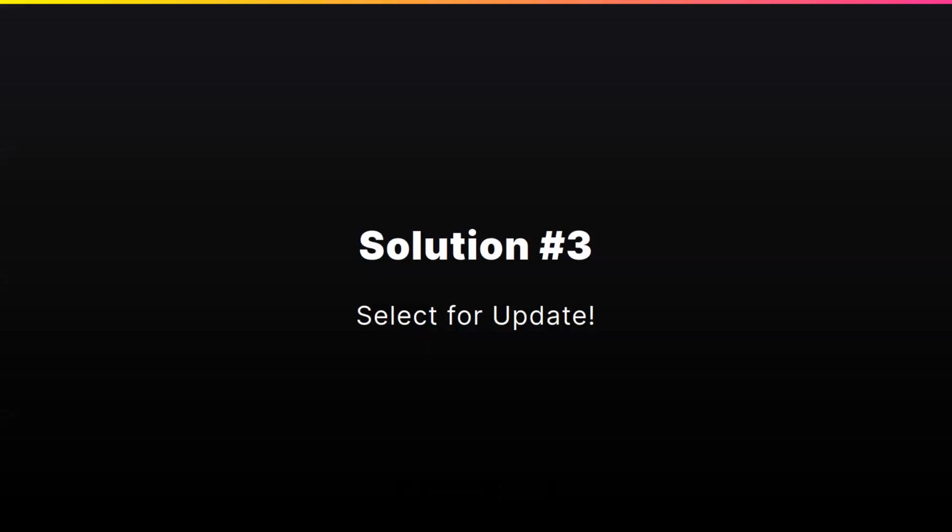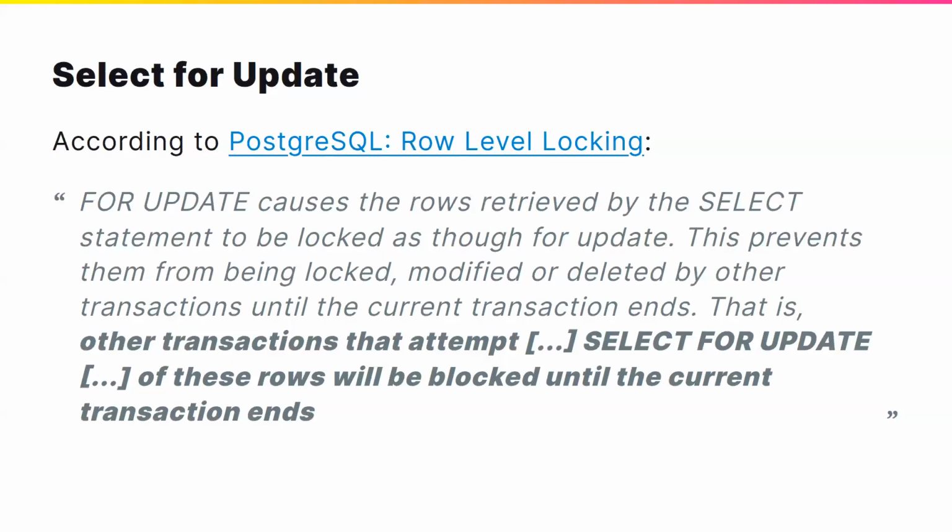So the problem here can be solved by something called select for update, okay? So previously, we locked the table, but now we actually have a resource, we have a row. So what we can do is we can lock the row. Remember, every time we have a concurrency problem, we also always resort to locking.